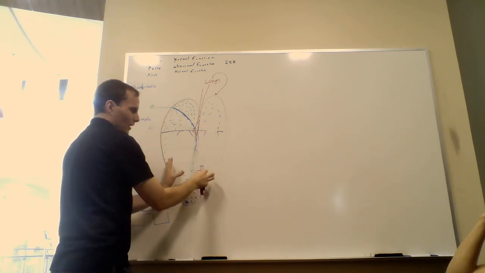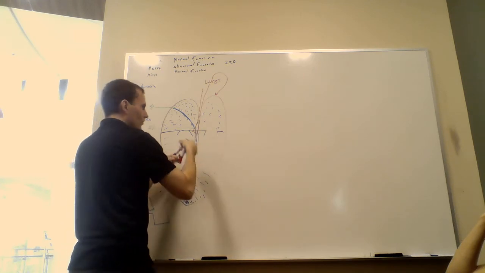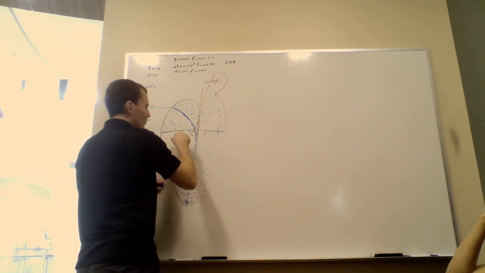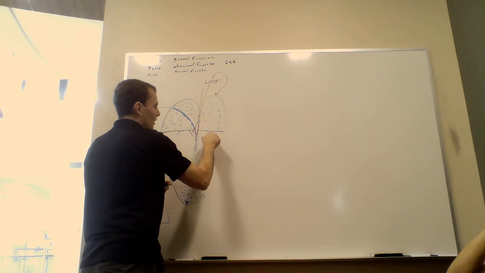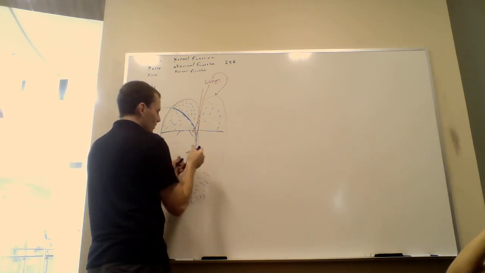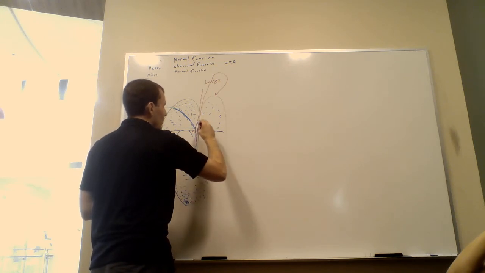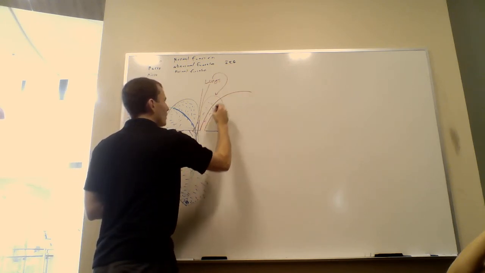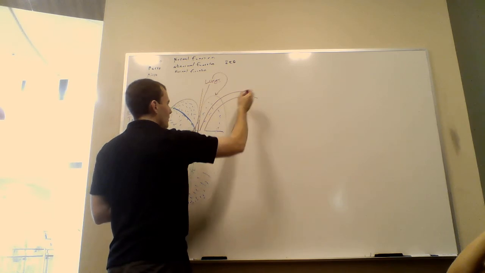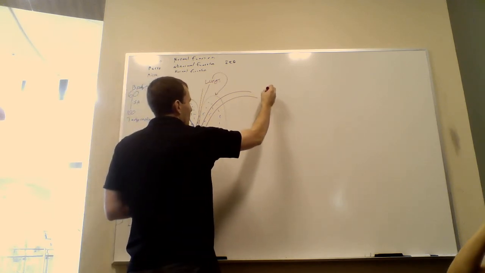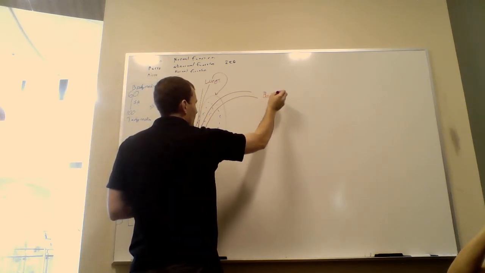And then when they both start contracting, these doors, mitral valve, will slam closed, and its exit is called the aorta.